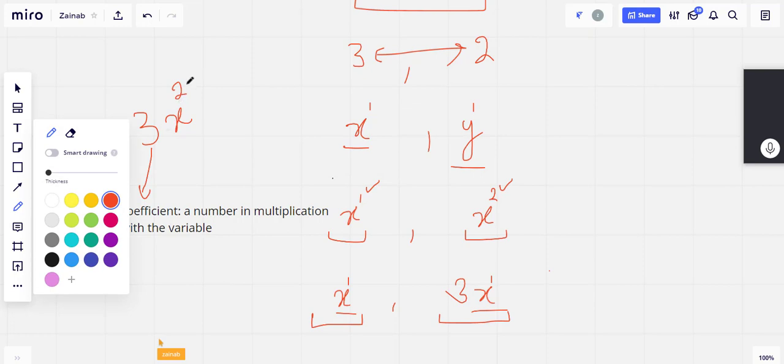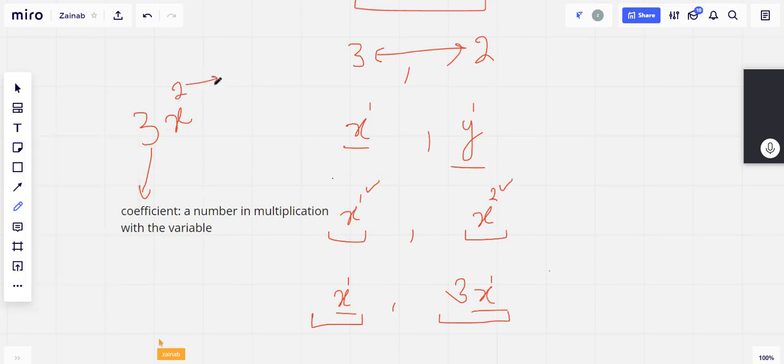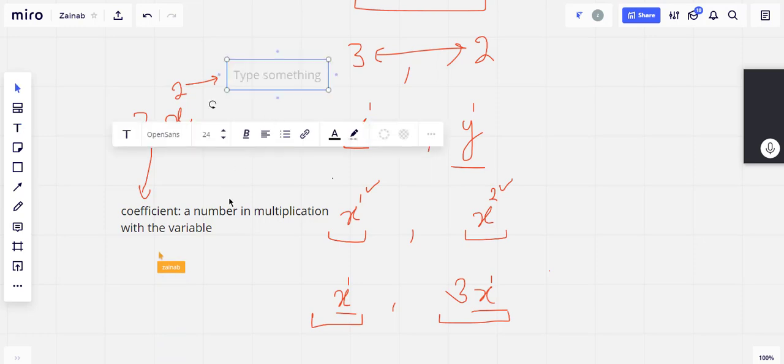And what is that small 2 over there? So first of all, whenever a number is written small on the top of a number or a variable, the place is called superscript. What is it called? Superscript.